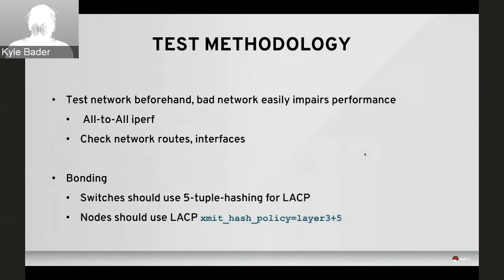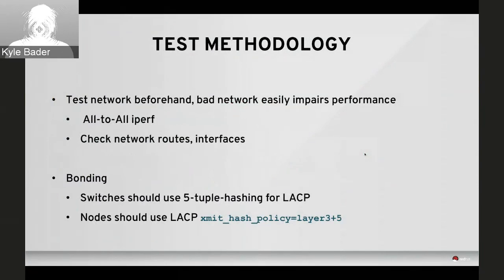That's because if you don't do that, oftentimes it's going to just hash on the IP or the MAC address of the host or the upstream switch. That's problematic, because unless you have a really, really large Ceph cluster with maybe 100 nodes or 1,000 nodes, you're not going to get very balanced distribution across your links.